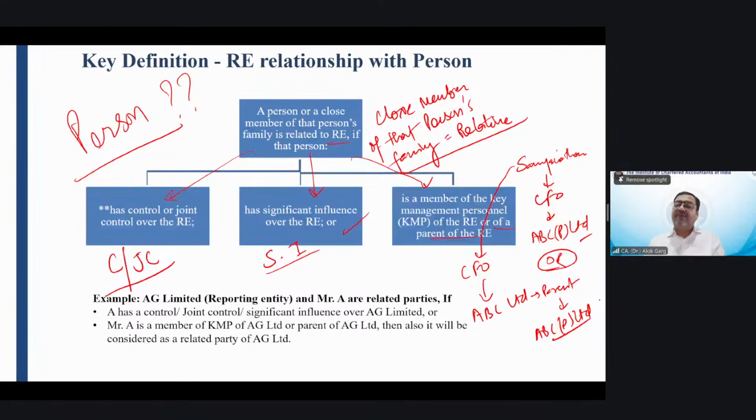Saminathan is a CFO of ABC Limited, and ABC Limited is a parent of ABC Private Limited.